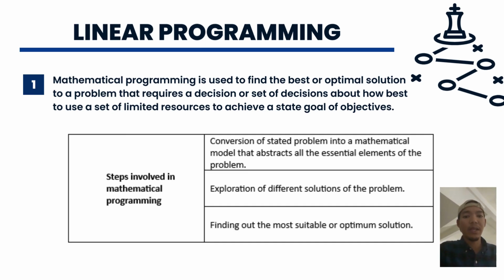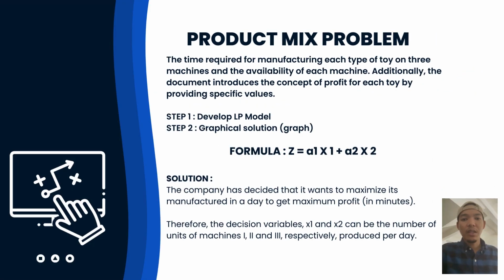The first one is conversion of the stated problem into a mathematical model that abstracts all the essential elements of the problem. Second is exploration of different solutions of the problem, and the last one is finding out the most suitable or optimal solution. So question 3 is under the product mix problem, which has 2 steps. The first step is develop the LP model, and the second step is the graphical solution, which is the graph.